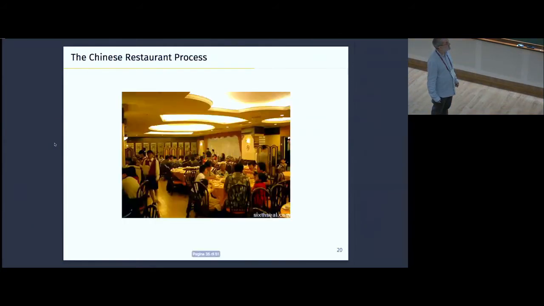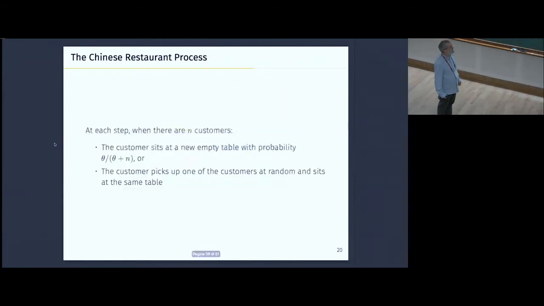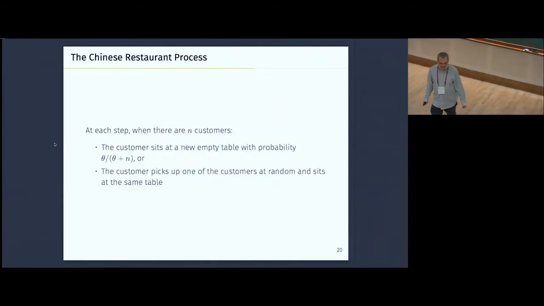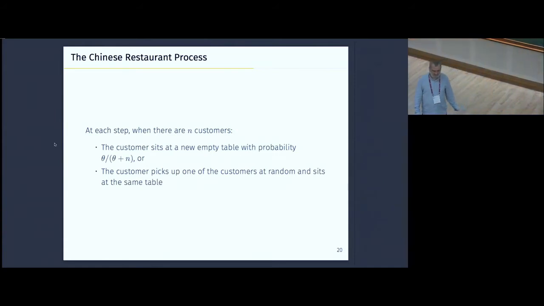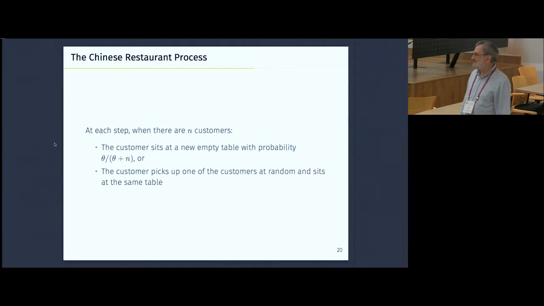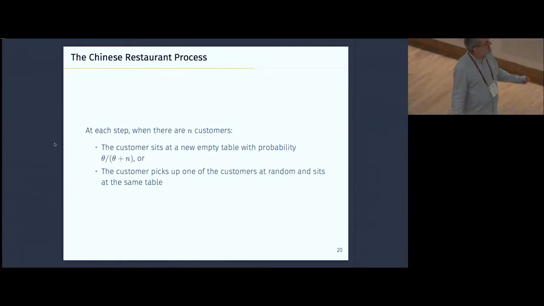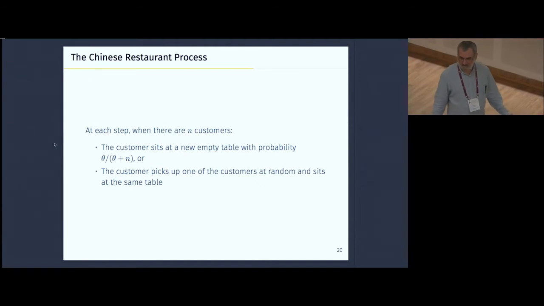Chinese restaurant process. Why is it called the Chinese restaurant process? I think sometimes it works like that in China, and it surely used to work like that in Italy a long time ago. You have a restaurant, a close approximation of infinite, which has an infinite number of tables.